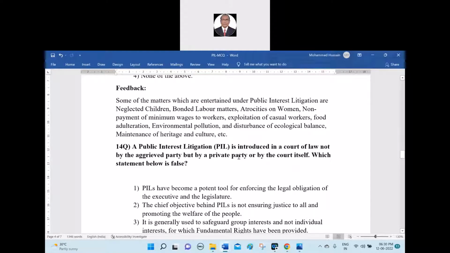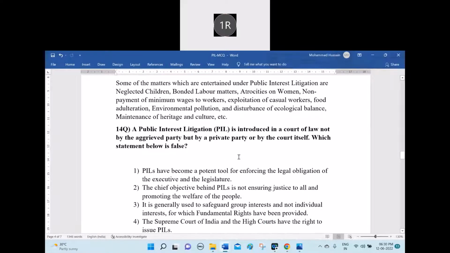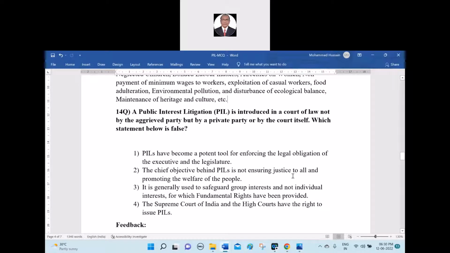Yes. So fourth question. A public interest litigation, within parenthesis PIL, is introduced in a court of law not by the aggrieved party but by a private party or by the court itself. Which statement below is false? Number one, PILs have become a potent tool for enforcing the legal obligation of the executive and the legislature.